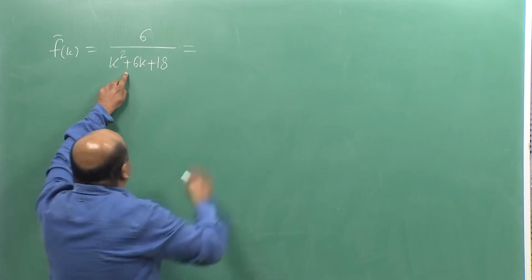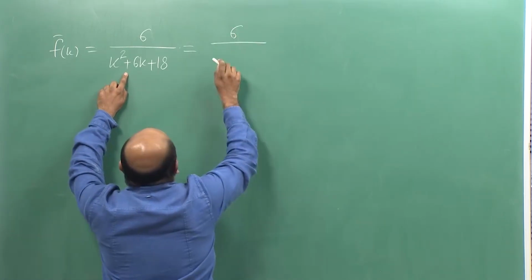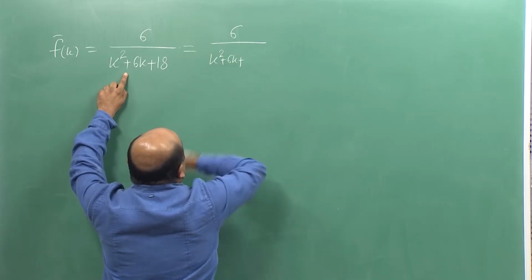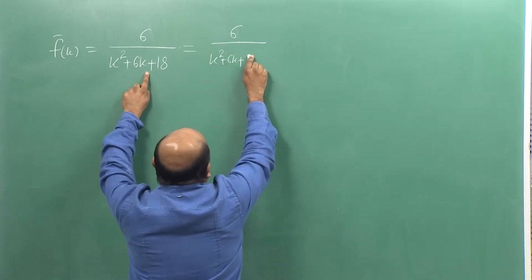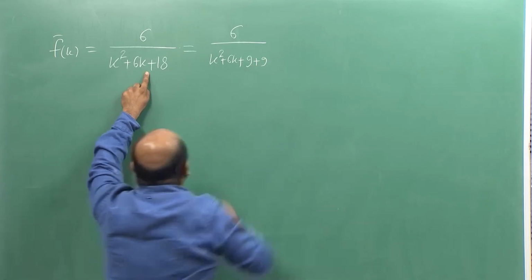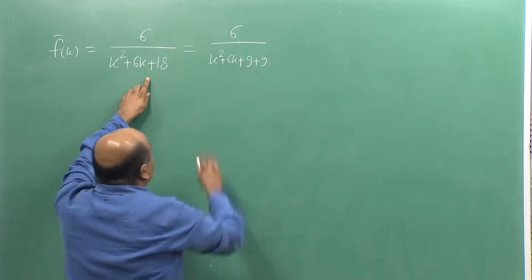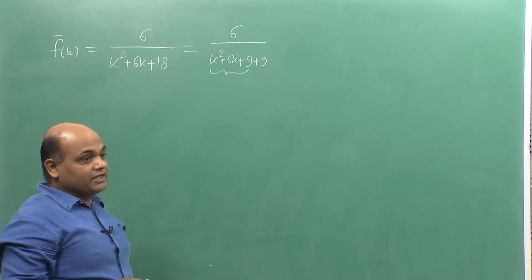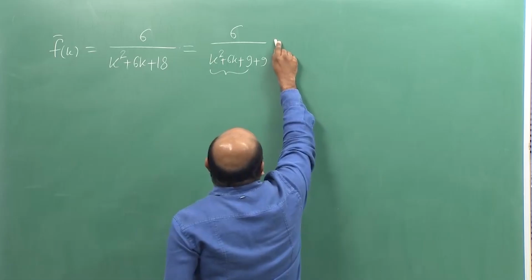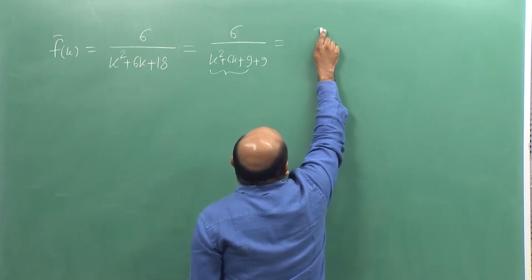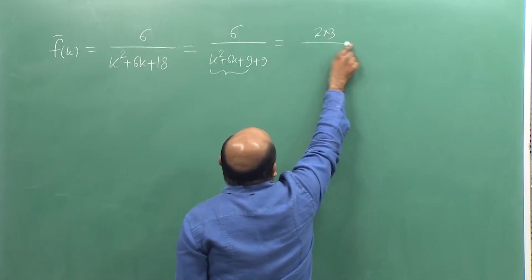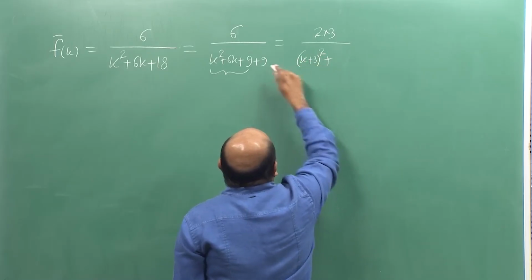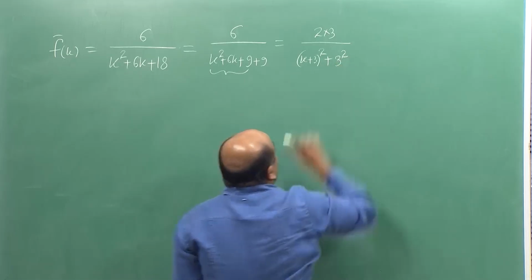So, this we can write as k square plus 6k plus 9, and this is nothing but k plus 3 square. And 6 can be written as 2 times 3, k plus 3 square, and 9 is 3 square.